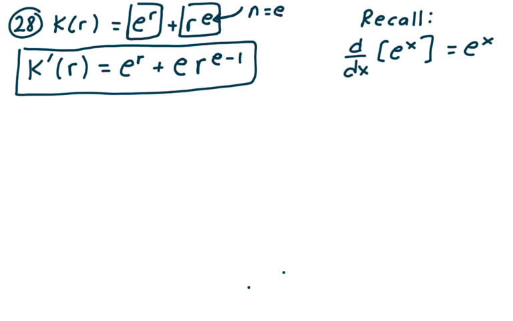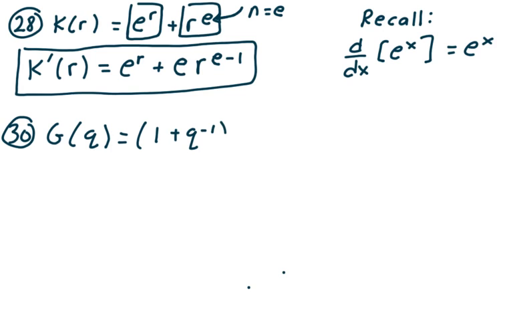If we take a look at number 30, g of q is 1 plus q to the negative 1 raised to the second. So here's a good example where you're taking something to the second power. If it looks like you need to square it, chances are you need to square it.